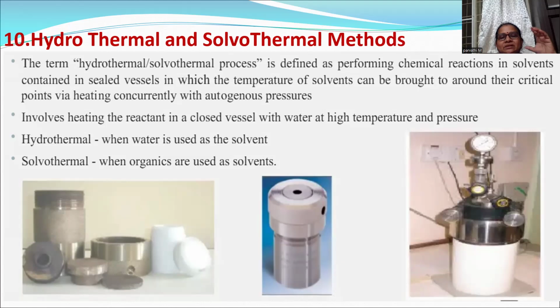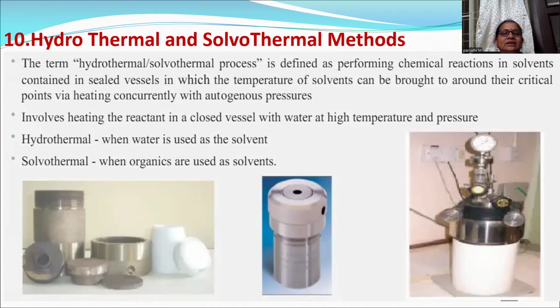So there are key points. The process involves chemical reactions in solvents. The solvents are to be kept in sealed vessels, and the temperature should be maintained at the critical point, heating concurrently with autogenous pressures.